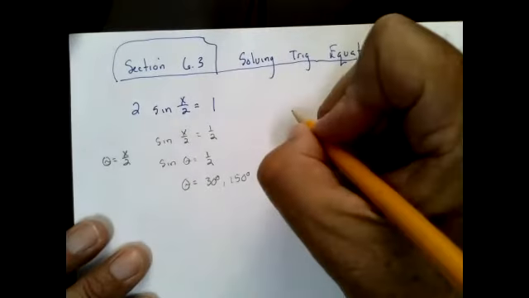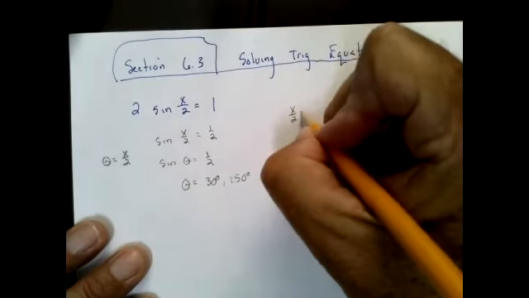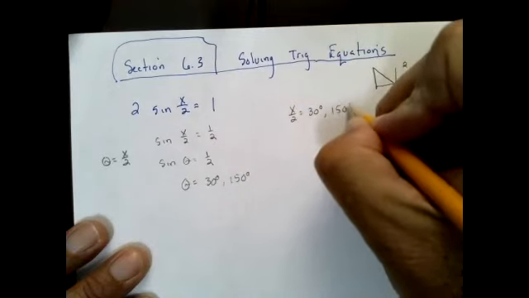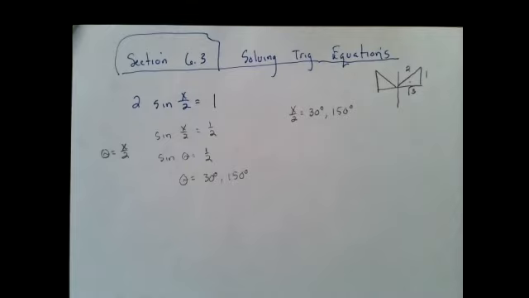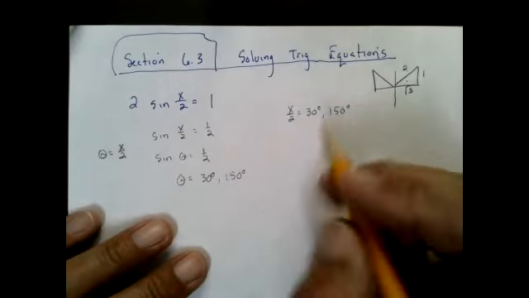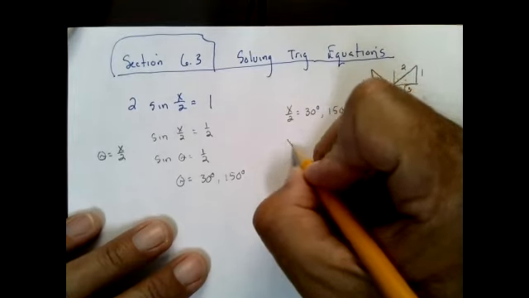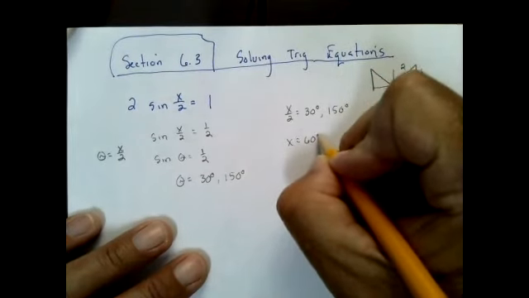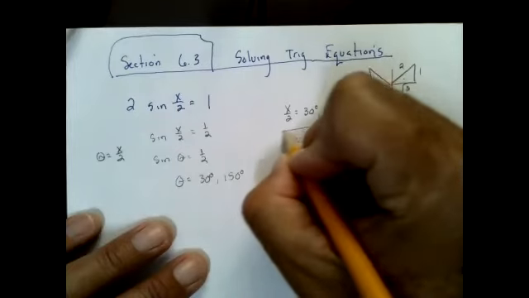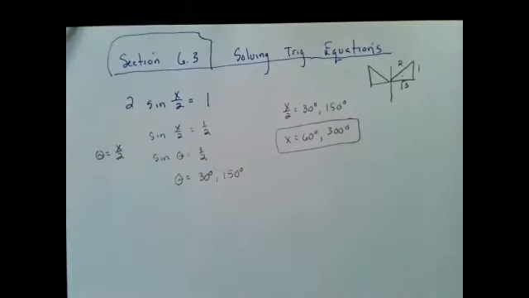Going to plug back in. X over 2 equals 30 degrees and 150 degrees. Not too bad, because if I want to solve for x, I'm going to multiply both of these by 2. X equals 60 degrees. X equals 300 degrees. Oh, isn't that clever?